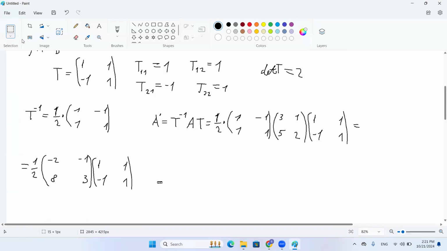Yeah, for this matrix, brackets look like determinant. -2 plus 1. It's -1.